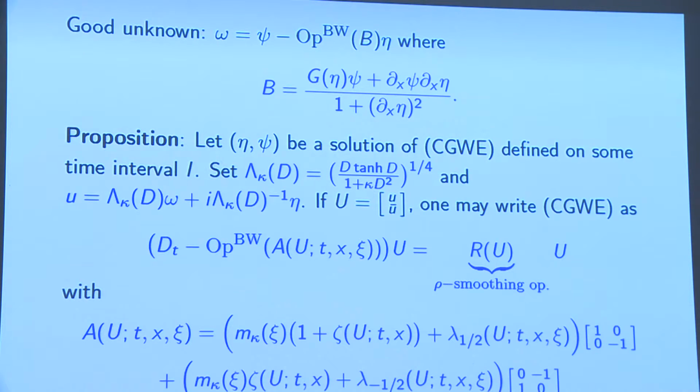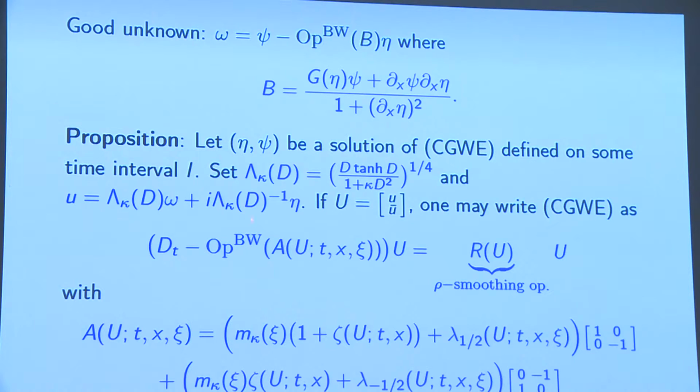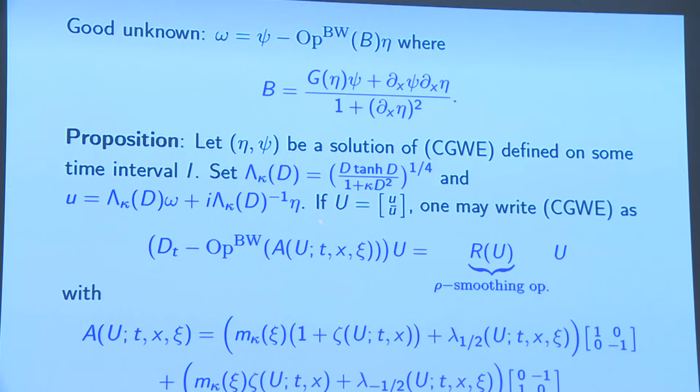And define from the good unknown omega and from eta a complex valued function u, which is just lambda kappa of D omega plus i lambda kappa of D minus 1 eta. Next, introduce capital U, the vector u, u bar, and write your equation under a paradifferential form on capital U.